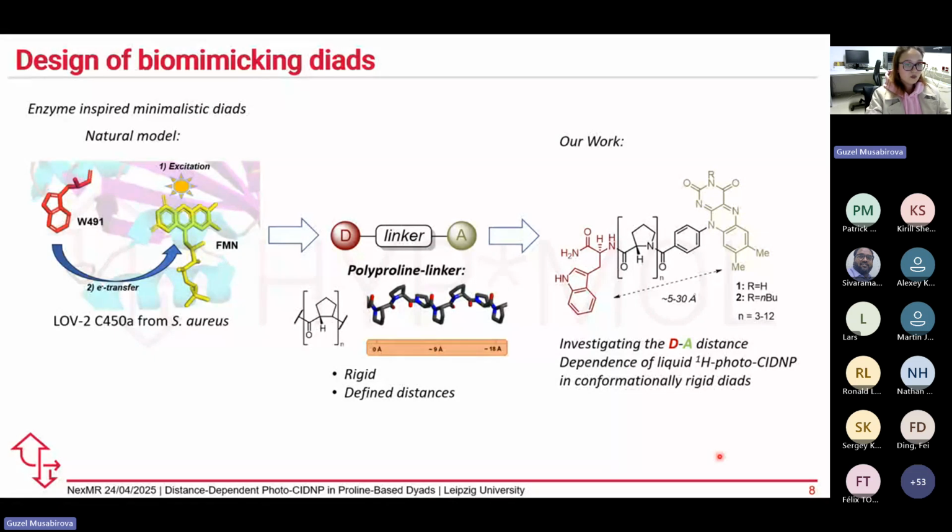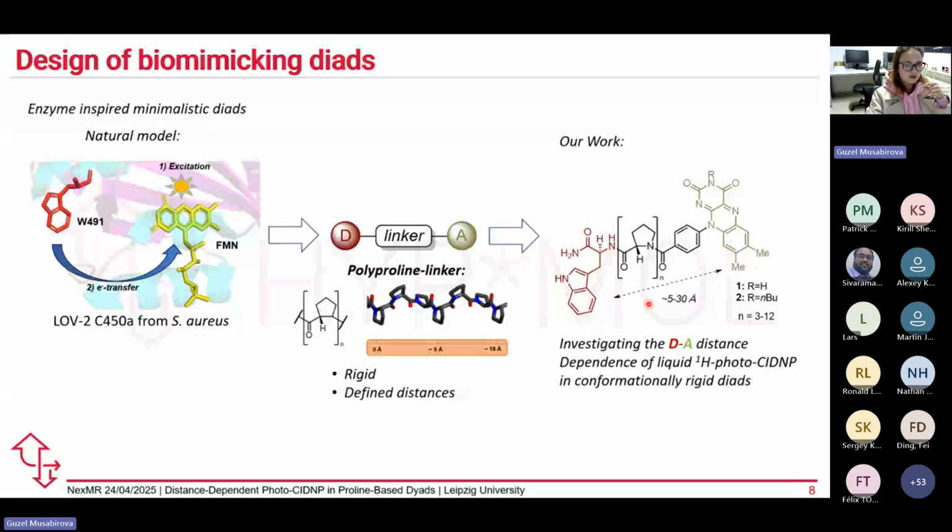So in our system, we connect a tryptophan donor and a flavin acceptor using a polyproline linker, and polyproline is ideal for us because it's quite rigid and allows us to control distances precisely from short dyads to long ones, with the distance varying from 5 to 30 angstrom.